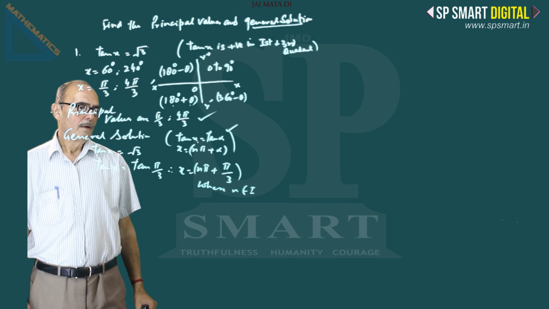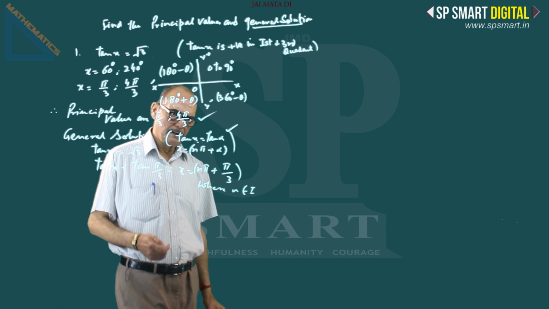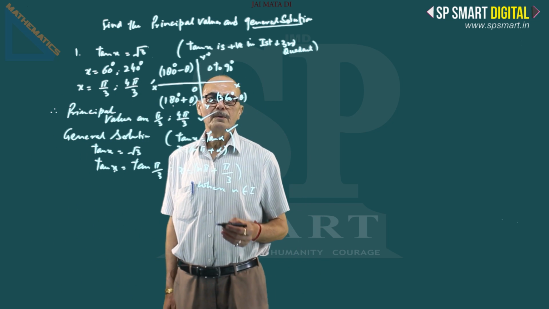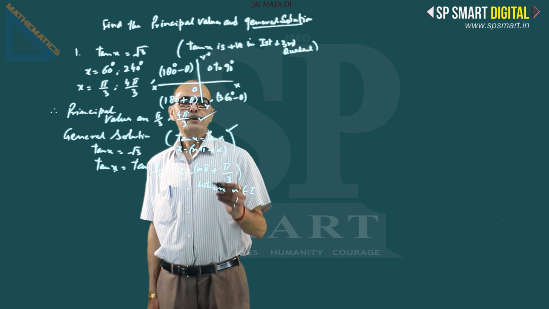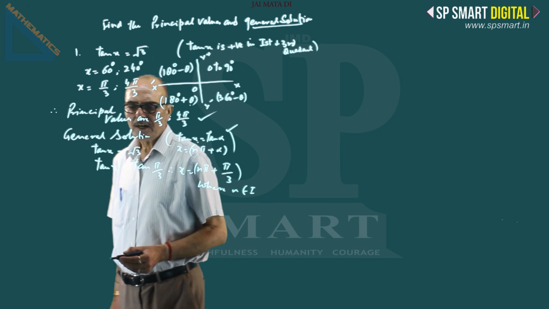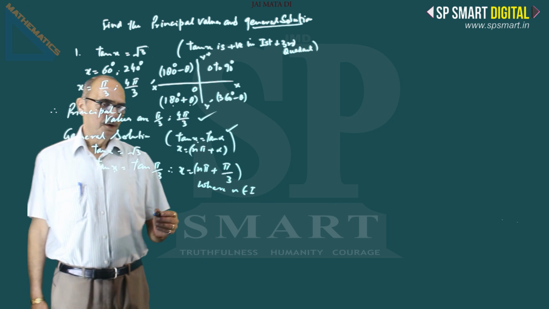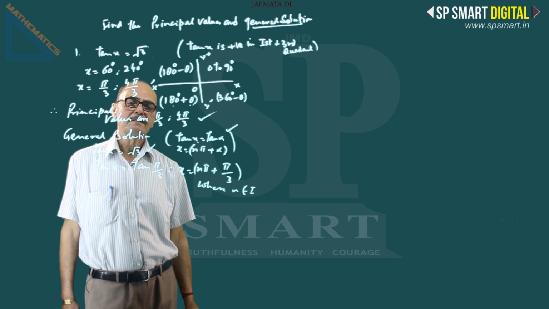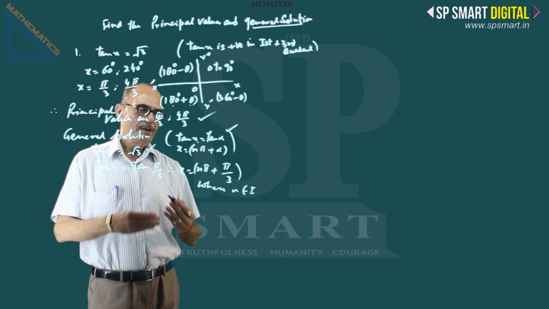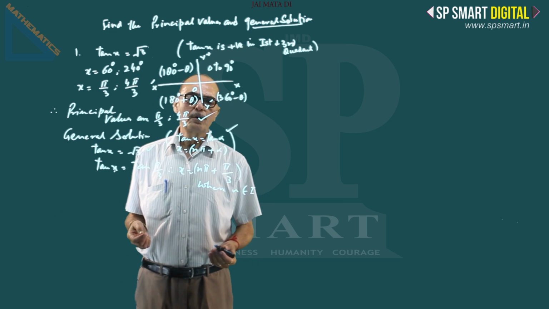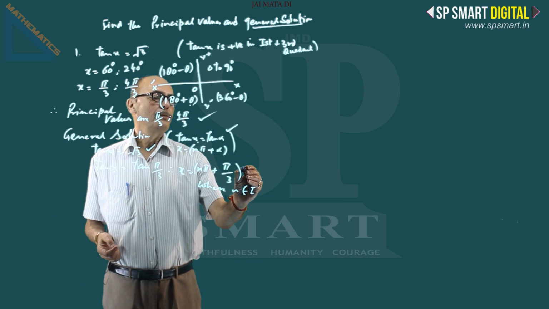Now, what is the utility of it? I discussed in brief earlier also that the utility of this result is that to satisfy this equation tan x equal to root 3, we have infinite angles, and those infinite angles are obtained by using this formula.